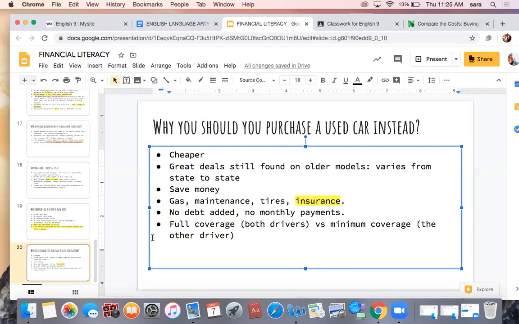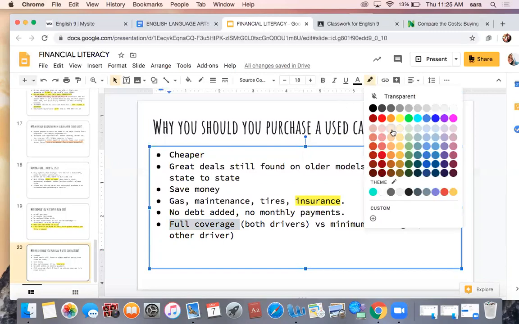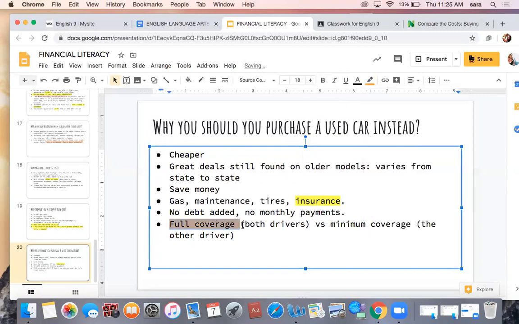Now, I don't know if you guys know, but when you purchase a car from a dealership, whether it's used or new, they will always require full coverage. In fact, they won't let you leave unless you already have some idea of which insurance you're going to have, and you have to submit proof.